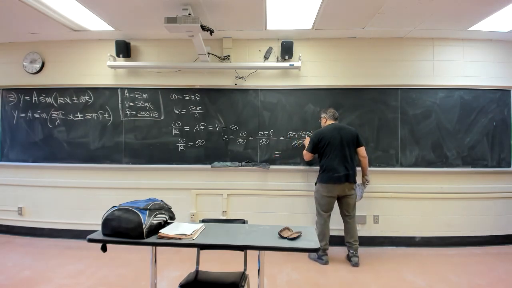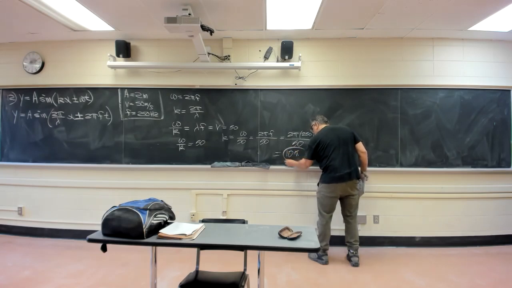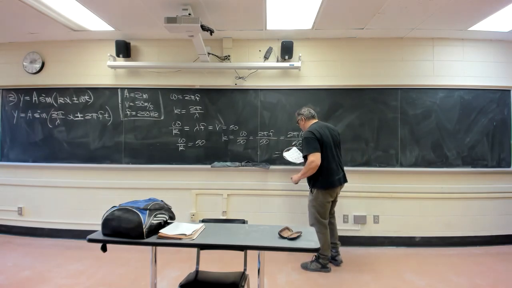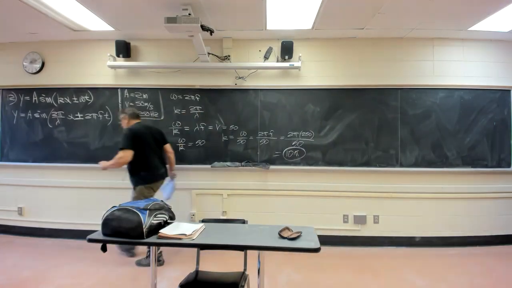Two times 250 is 500. 500 times pi divided by 50. k is 10 pi. So wait a minute, maybe I got some ideas here.